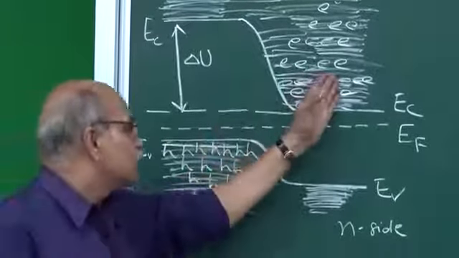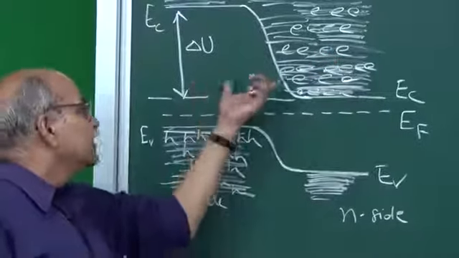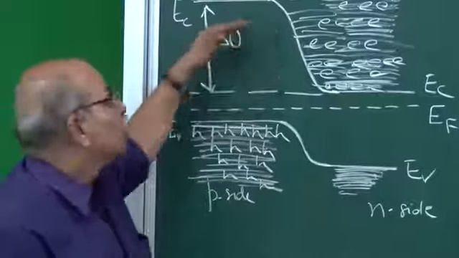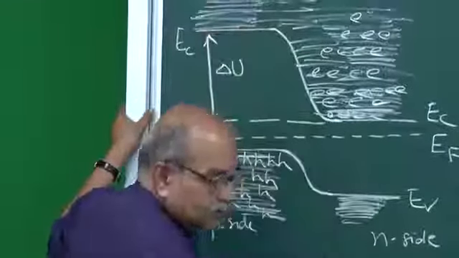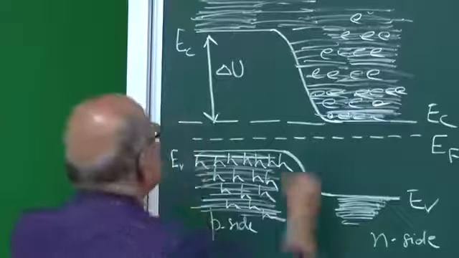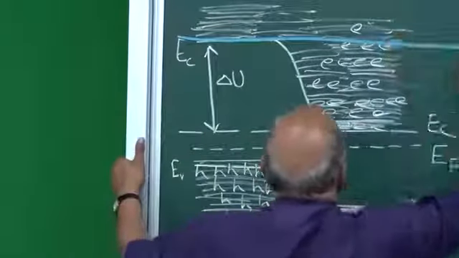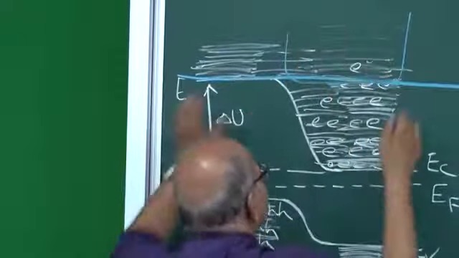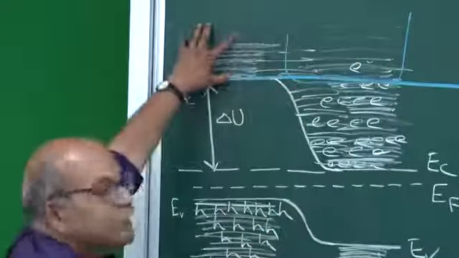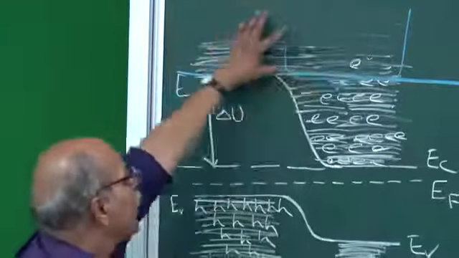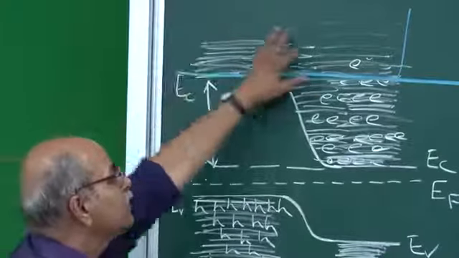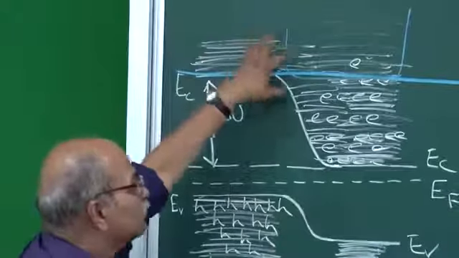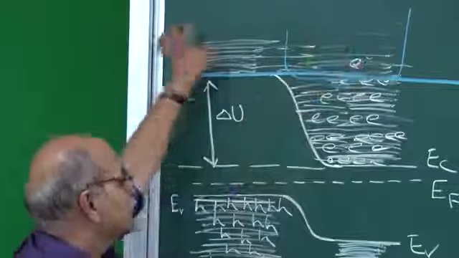If these electrons try to go from the n side to the p side, crossing this depletion region, there are no quantum states here. Only these electrons which are above this level, only these electrons in these quantum states, will be able to reach here. At these energies, you have a quantum state on this side, and therefore they can only reach here. The more energetic ones can reach here.